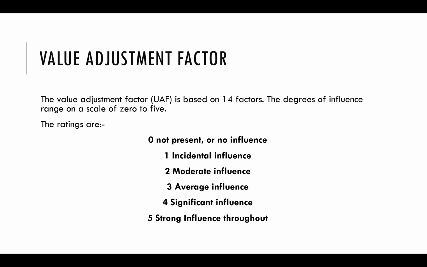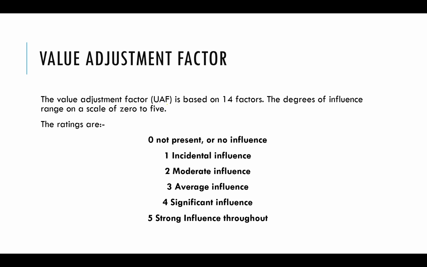To consider these factors, we use a value adjustment factor, also called the complexity adjustment factor. We may not be able to find the function points based on the previous five criteria alone, because different factors are also involved.